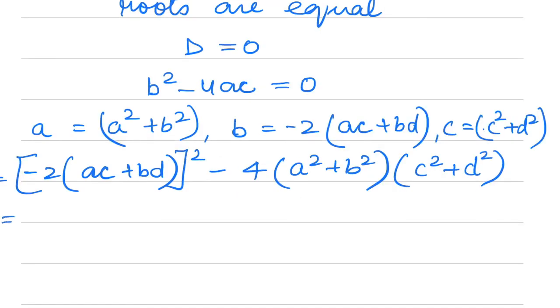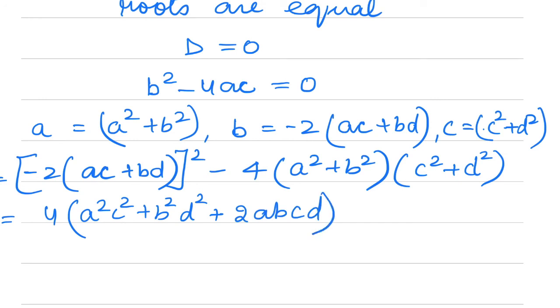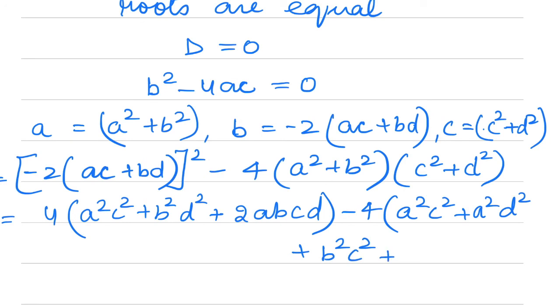So this would be 4 into (a square c square plus b square d square plus twice abcd) minus 4 into (a square c square plus a square d square plus b square c square plus b square d square) is equal to 0.